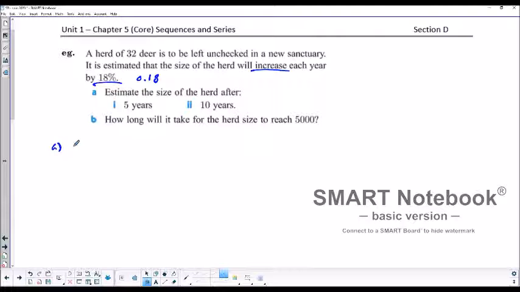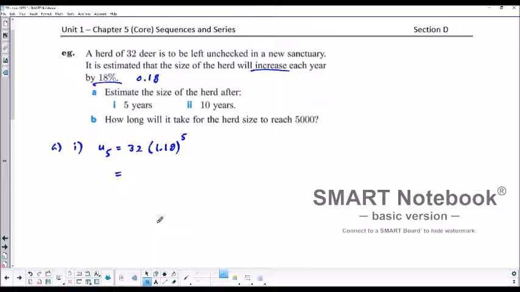So part 1, U sub 5 is our 32 initial value, and it's 1.18 because it's always 1 plus the increase, because the 1 takes into account the initial value of the herd of 32, and n is going to be 5. So we just have to substitute that into the calculator.